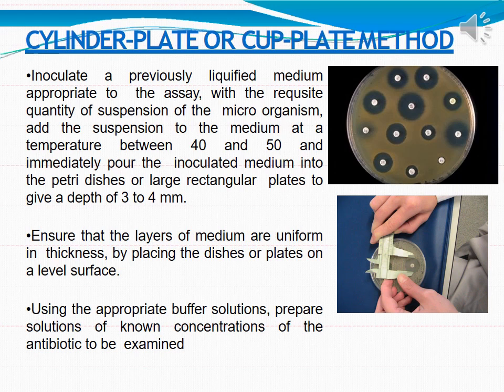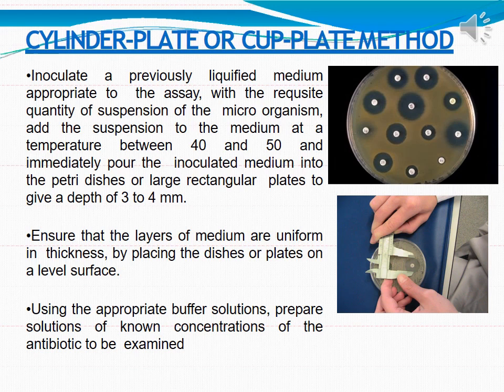Now this process you have to imagine because you cannot see it obviously. So you have a petri dish in which you have filled your nutrient agar up to a particular height.